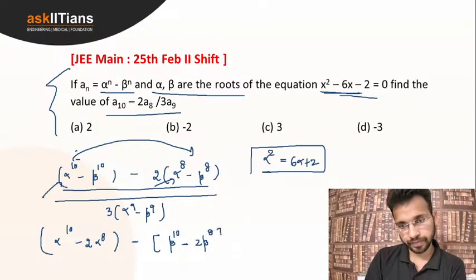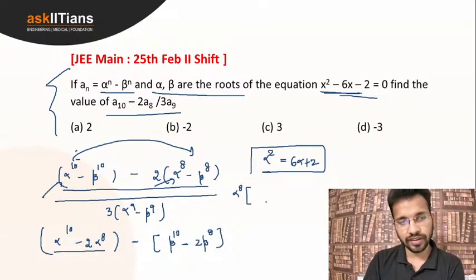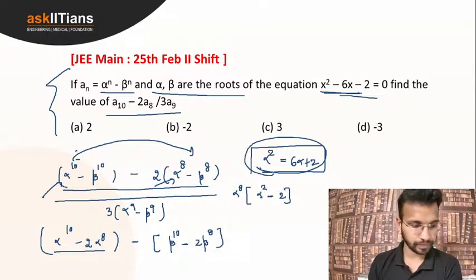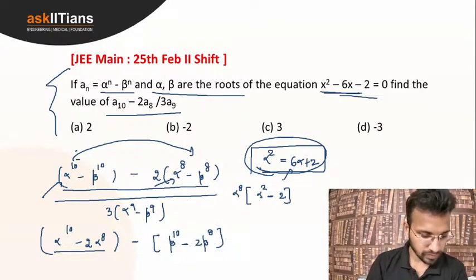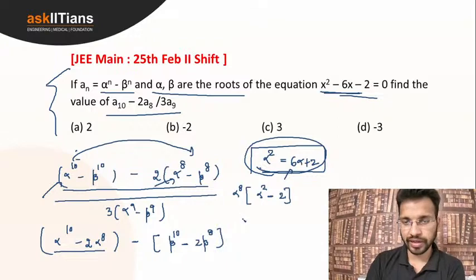2 beta 8. So अब इसमें if I take alpha 8 common, all of you, what will be left in the bracket? Alpha square minus, do you see what is alpha square minus 2 from here? 6 alpha, right guys? So chat mein you guys are not very active. I want all of you to interact, right?